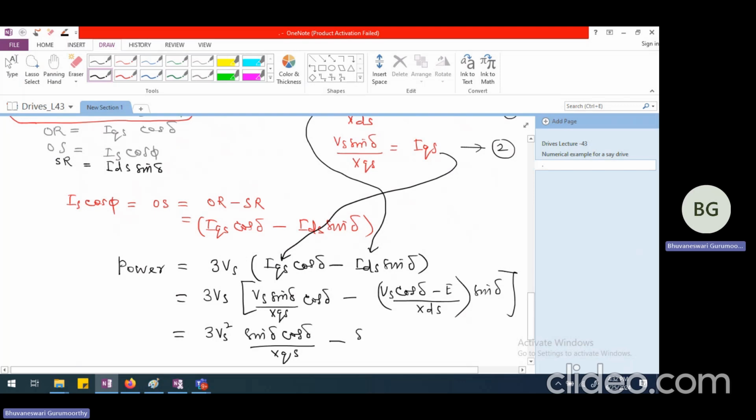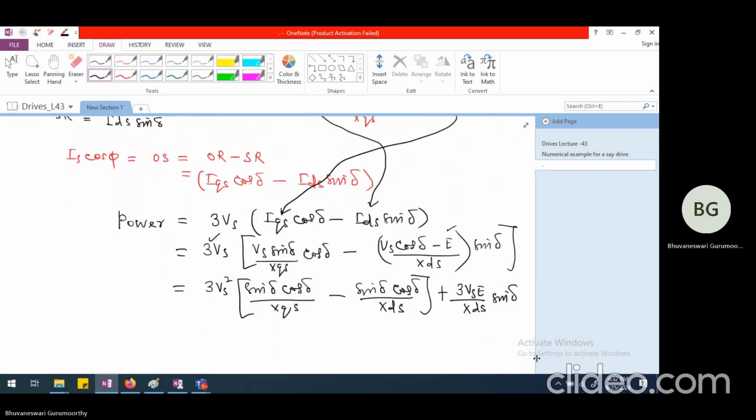So I can again say sine delta cos delta divided by XDS. So this is one portion. And the second portion is going to be minus multiplied by minus is plus, and 3Vs and E. So I should be able to write 3Vs E divided by XDS sine delta. So this is the power expression.